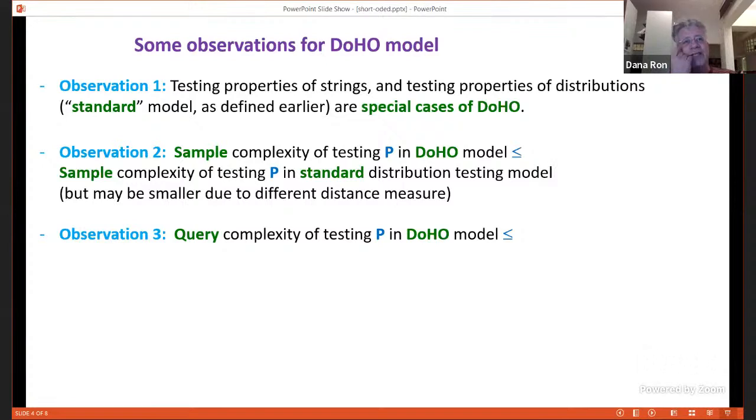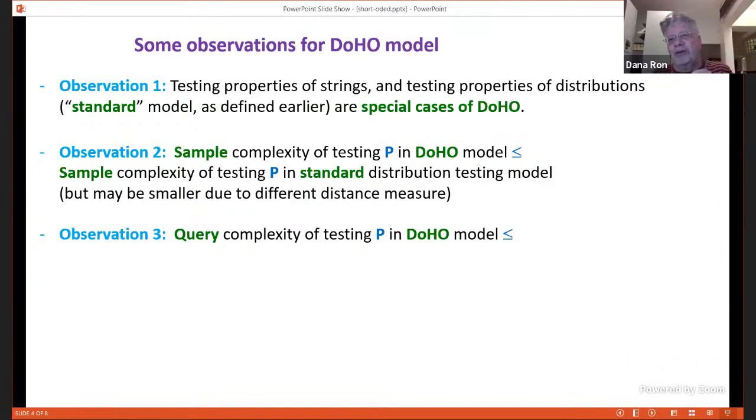The second observation is that if you compare this model to the standard model, then the sample complexity of testing a property in this model may be smaller than the sample complexity of testing the same property in the standard model. And the reason is that the distances here are smaller. Maybe I didn't even define what property testing is.